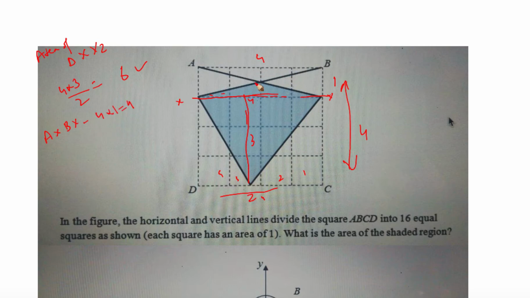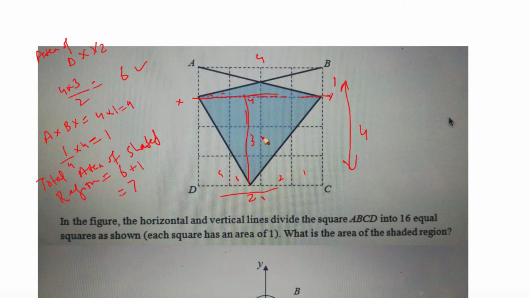So this is 1/4 of the total figure. So 1/4 multiplied by 4, we get 1. So the total area of the shaded region is 6 plus 1, which is 7.